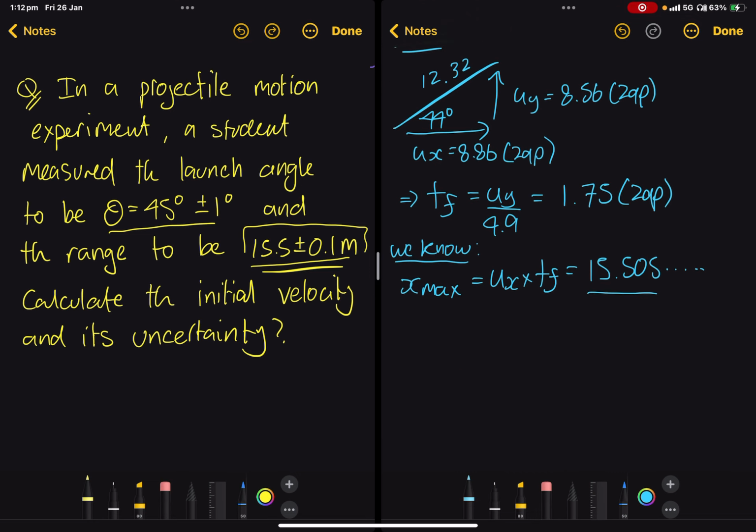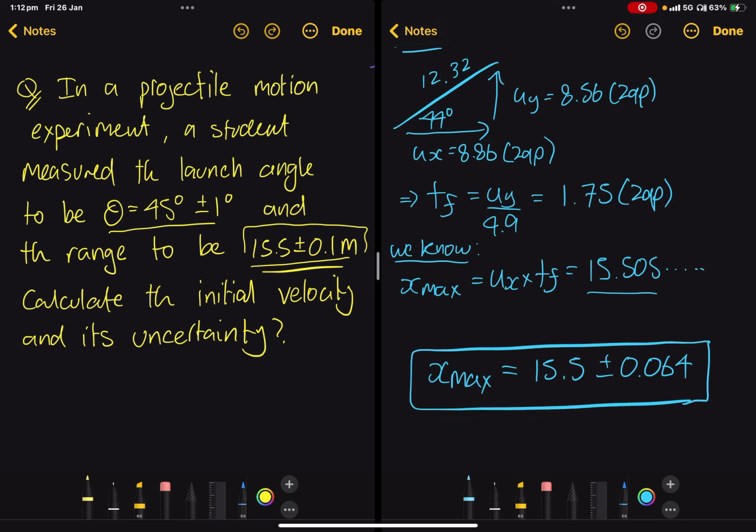And so therefore, the x max from our empirical calculations, from actually putting these numbers in and calculating them, is going to be 15.5 plus or minus 0.064. And these are the uncertainties that we've come to in this question, and these are the correct uncertainties that we want. Notice, in the question it actually told us it was 15.5 plus or minus 0.1.